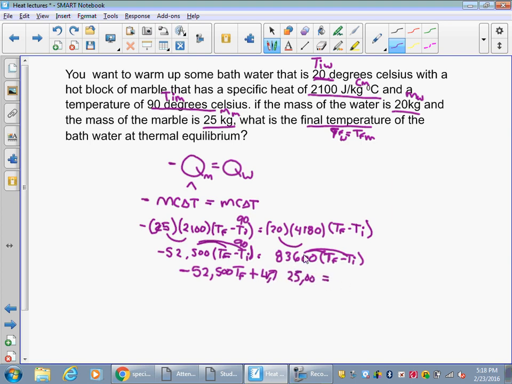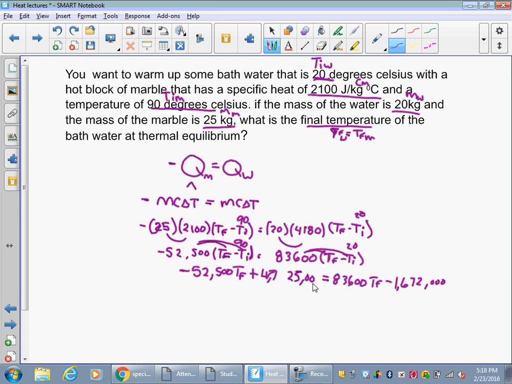Okay, now do it on this side. Distribute. Positive times a negative is a negative. And what was our T initial of water? 20 degrees. So 83,600 times 20 gives us 1,672,000.